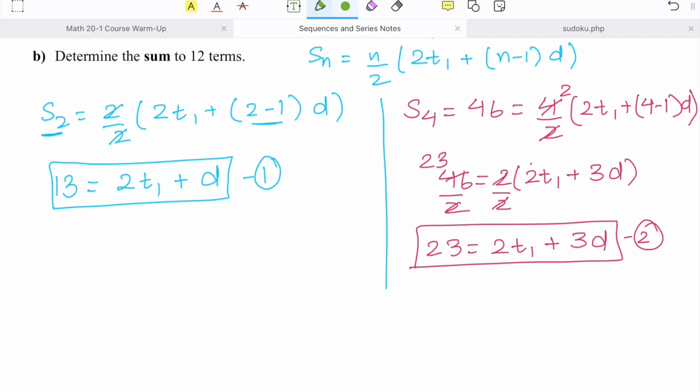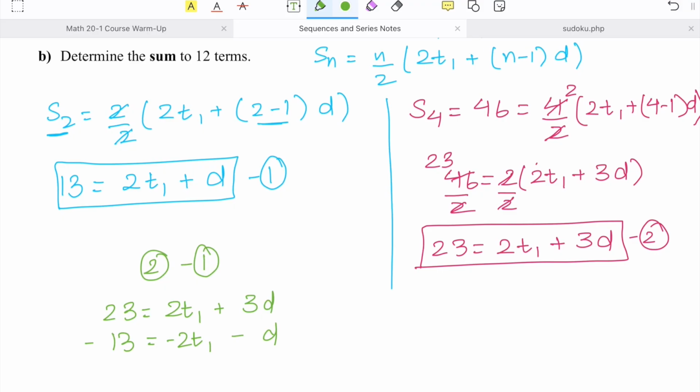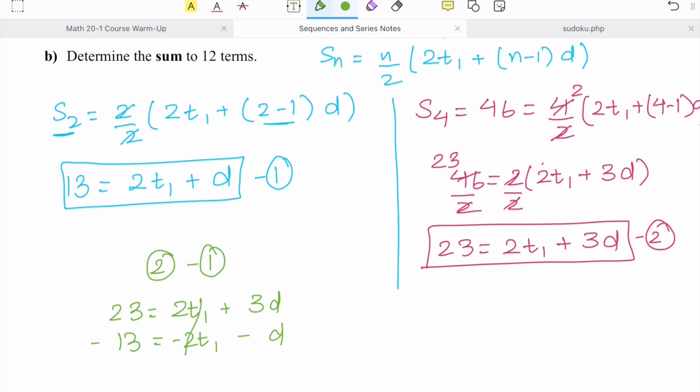Let's subtract our first equation from our second equation. 23 minus 13 is equal to (2t1 plus 3d) minus (2t1 plus d). 2t1 minus 2t1 gives me 0. 23 minus 13 is 10. 3d minus d is 2d. Divide both sides by 2. And I get d is equal to 5.